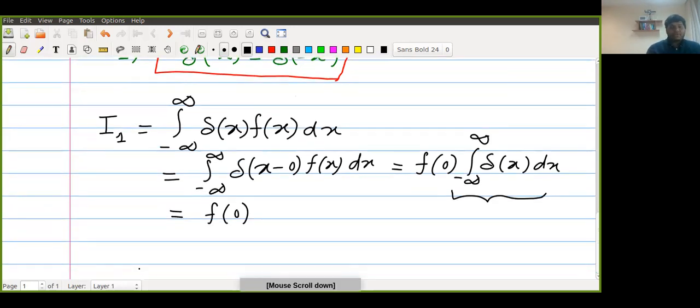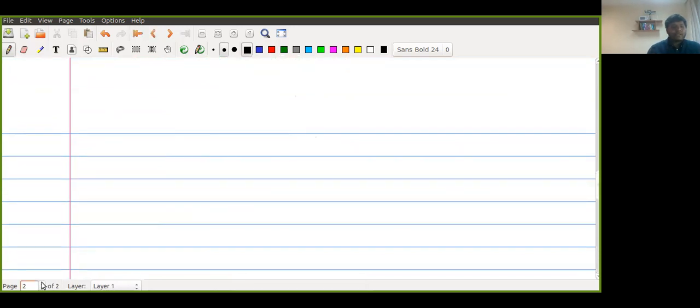Now, this is one of the integrations I wrote. The next one I want to write: what will happen if we change the variable? If I change my variable x to minus y, this will give dx equals minus dy.